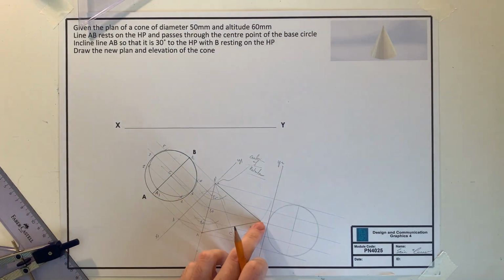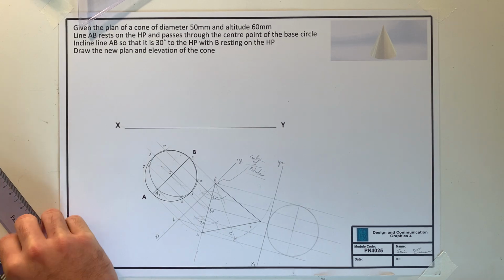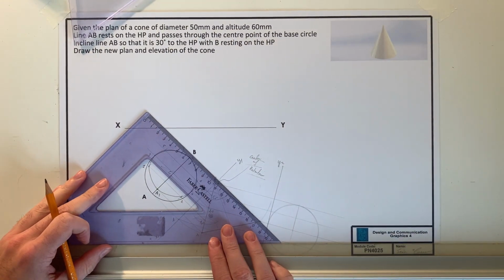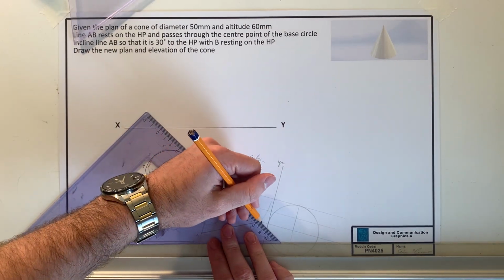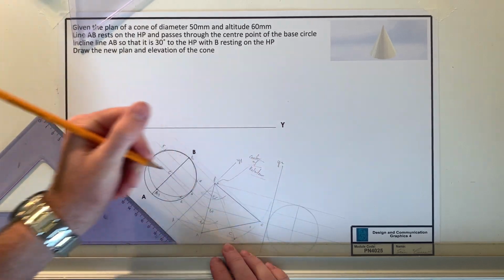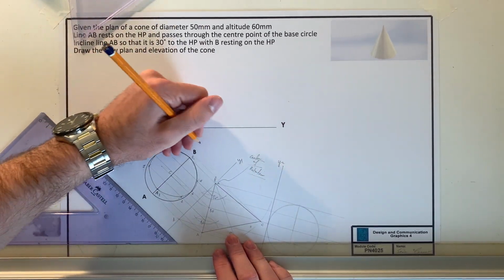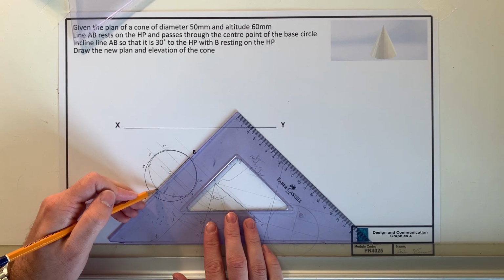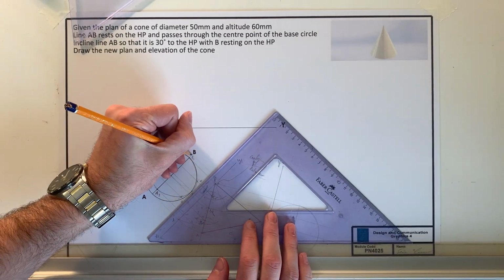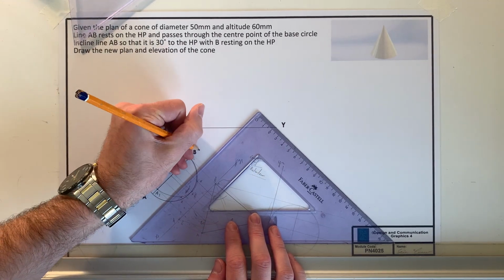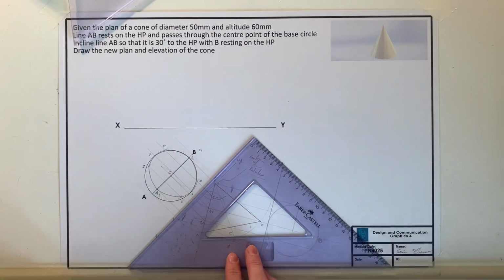Now what we want to do is get our apex and bring that back. I call that apex C, so I'm just going to call it C1 over here. So there it's going to be C1.